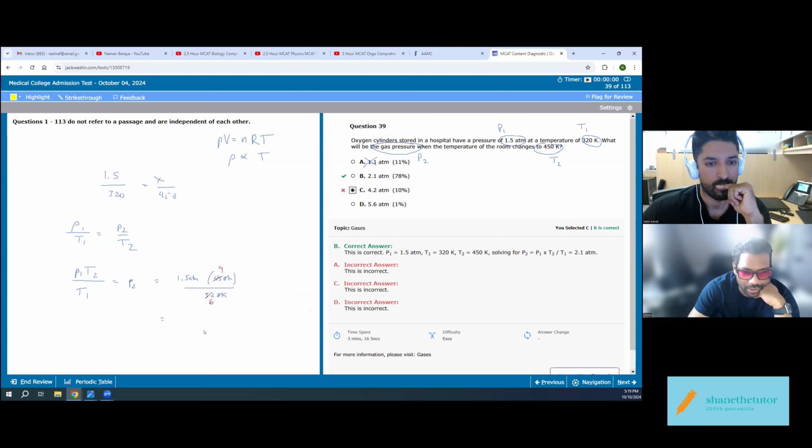Then 3 goes into 6 twice, and 3 goes into 9 three times. For the 1.5, fractions mean that you don't have to round, so I would write 1.5 as 3 over 2. So it's 3 over 2 times 3 over 2.